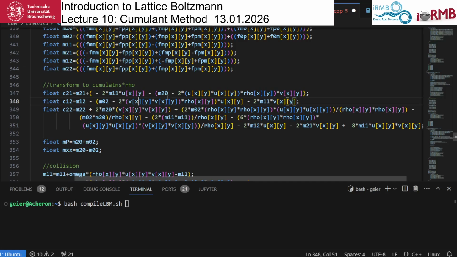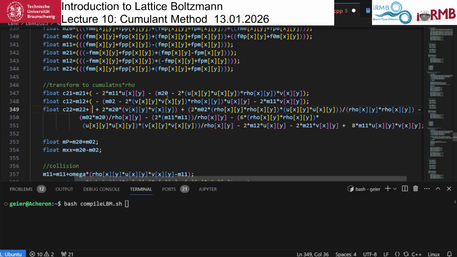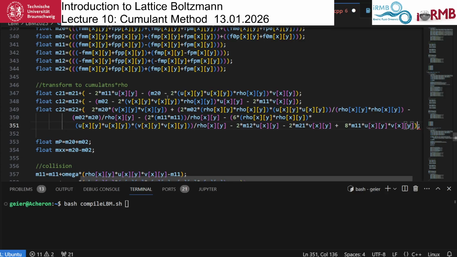I just want to have this moment separated from all of the rest. And here I do the same thing. Now the others had a minus here. I'm not completely sure. I think that Z would allow to do this, but I'll do it another way. I put the bracket around here. So I've not changed anything with this.